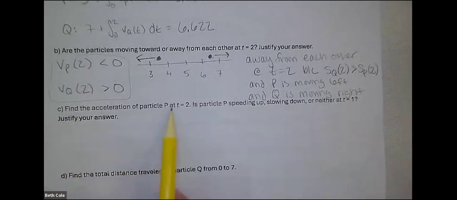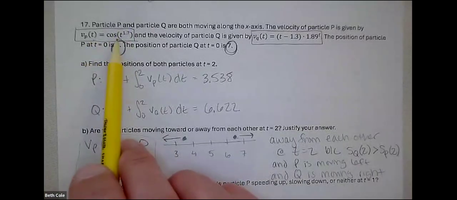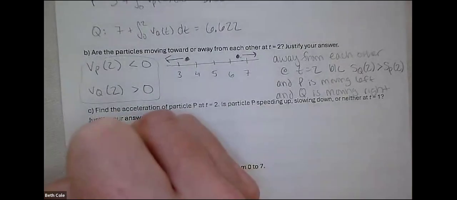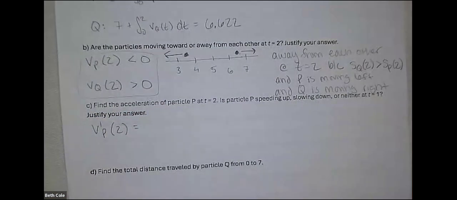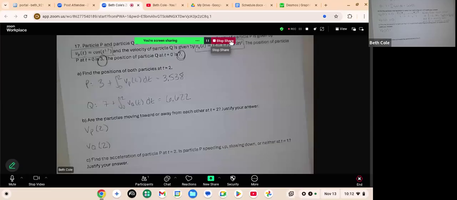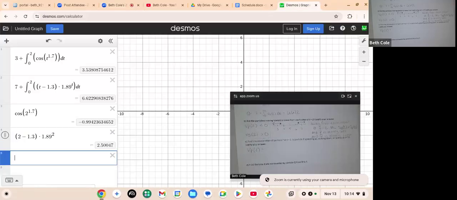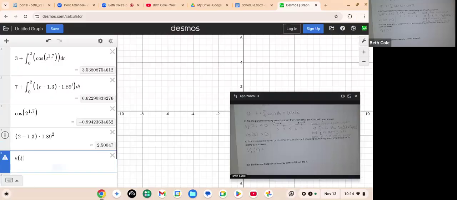All right, find the acceleration of particle P at time 2. We have velocity, we need to get to acceleration, so we're going to do a derivative. For particle P, we're going to do the derivative at time 2, and I'm going to type that in the calculator. I think I'm going to type this just V of t. I'm not going to put a subscript of P on there.